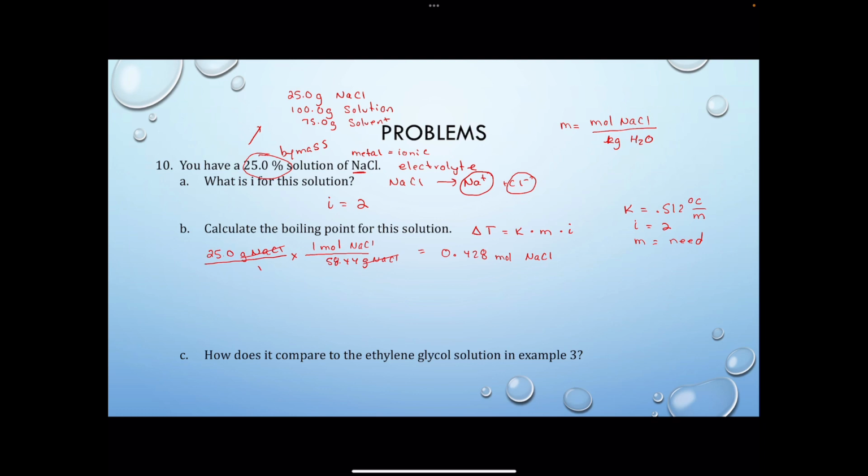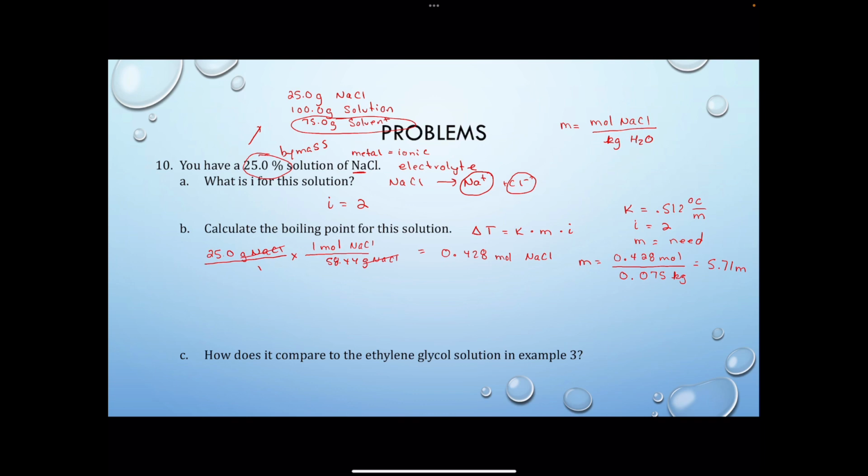So my molality is going to be my moles of sodium chloride divided by kilograms of solvent. So my solvent is the 75 grams of water. Converting 75 grams to kilograms is 0.075 kilograms, which gives me a molality of 5.71 molal.